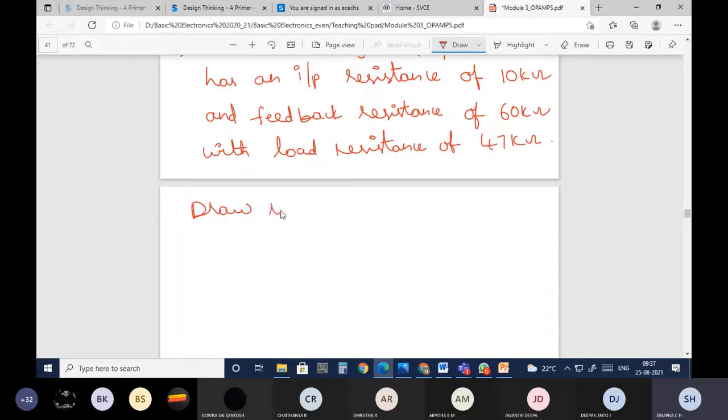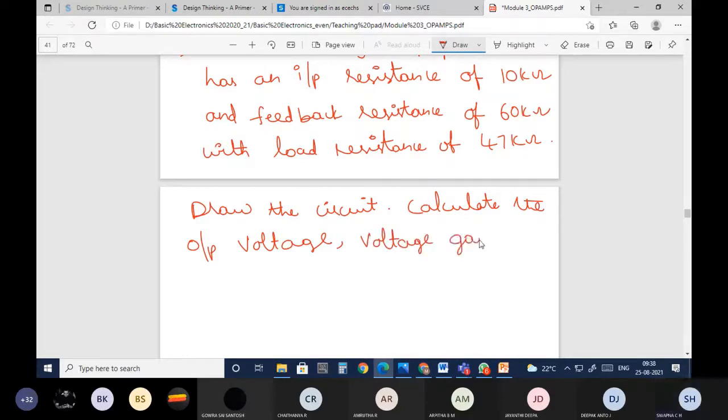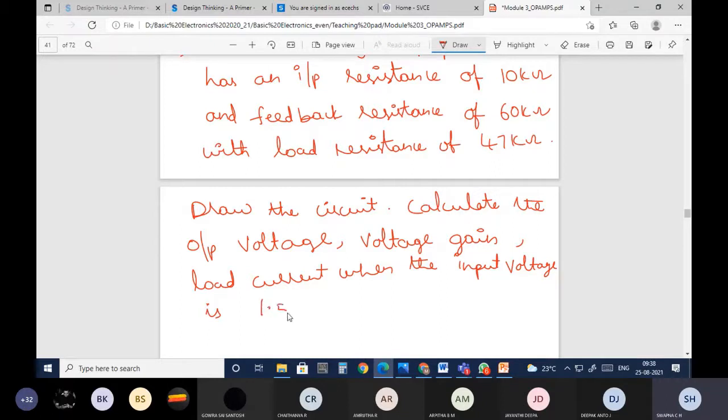Draw the circuit, calculate the output voltage, voltage gain, load current when the input voltage is 1.5 volts.